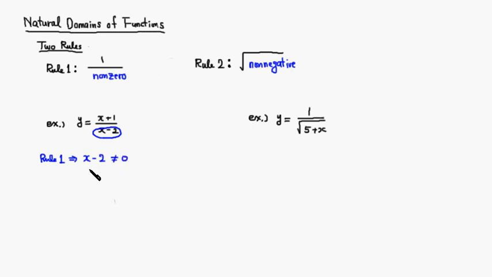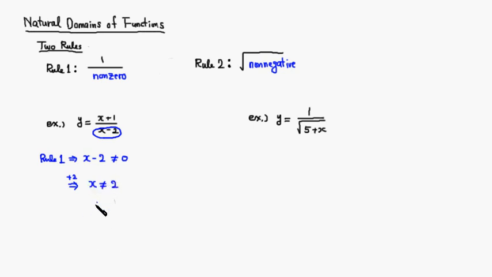Then we can isolate x just like we treat an equation. We can add 2 to both sides to isolate x. So x is not equal to 2.